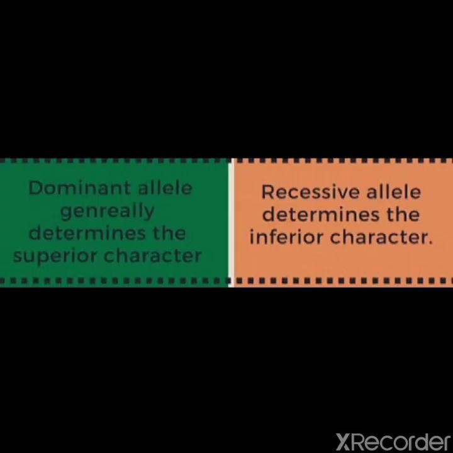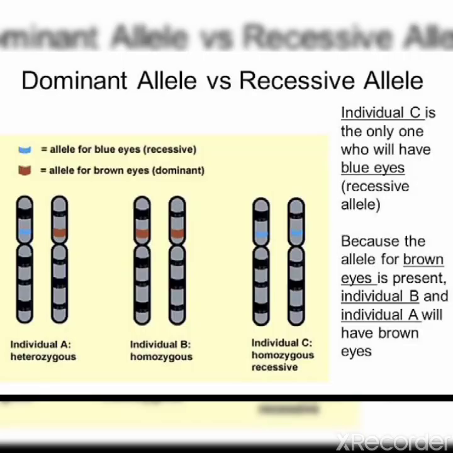Dominant allele generally determines the superior character, whereas recessive allele determines the inferior character. One important point you always keep in your mind, that the chromosome as a whole can neither be dominant nor recessive. With the help of example, we will try to understand. In front of you there is one slide.